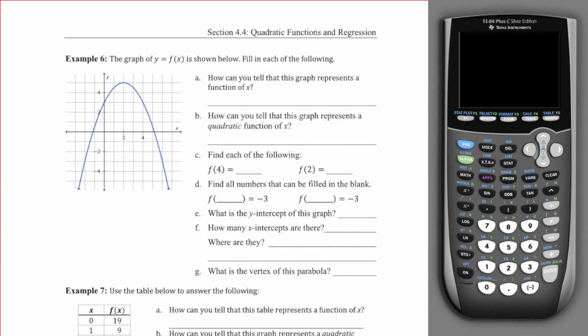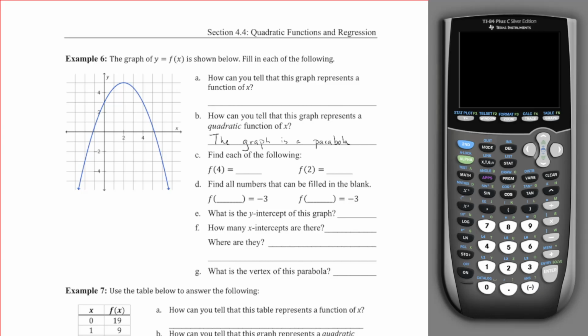So this is the graph of some quadratic function. We know it's a quadratic function because the graph is a parabola. And before that, we have to observe that it's a function.